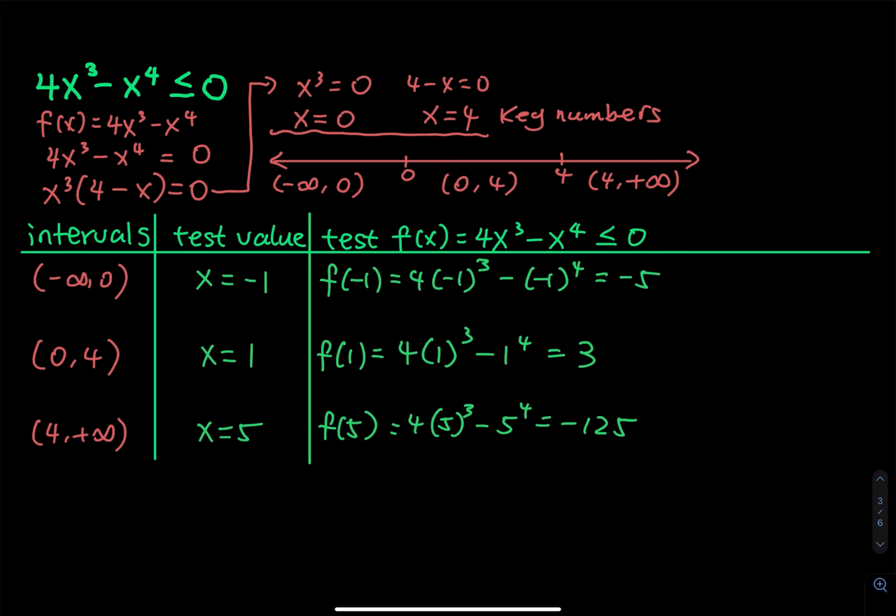Which test interval is the solution? The answer can be found here. You are looking for less than or equal to 0. Which of these is less than or equal to 0? We have a negative 5 and a negative 125. So this is less than or equal to 0, and this is less than or equal to 0. Therefore, these two are the intervals that I am looking for.